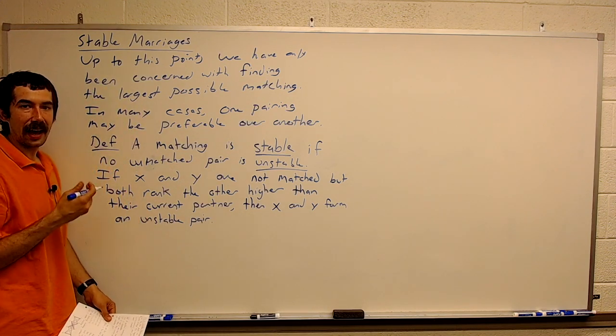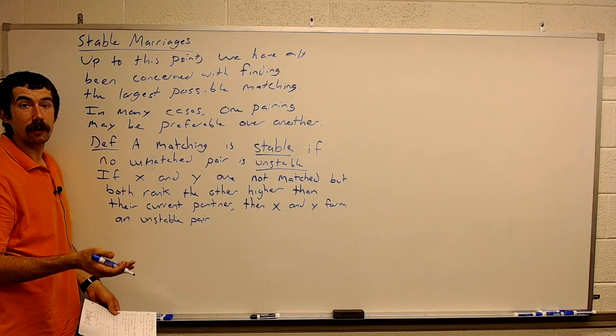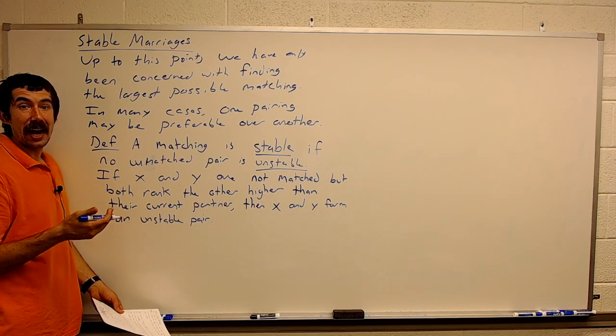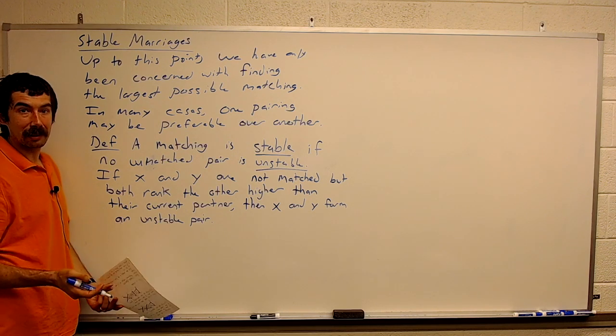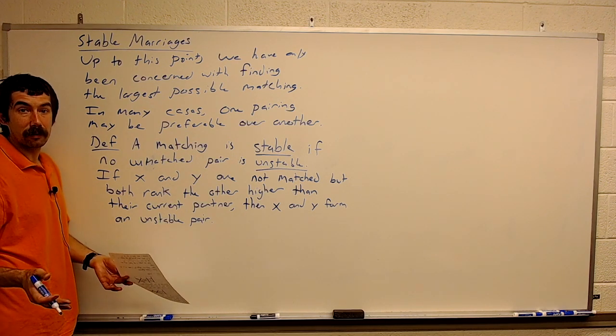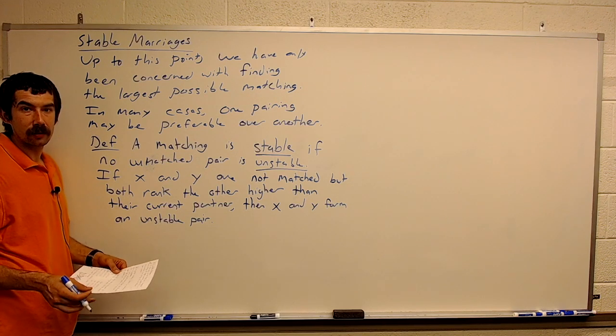Right, so this is saying that X would be willing to leave their partner to marry Y, and Y would be willing to leave their partner to marry X. So X and Y want to leave to join each other.